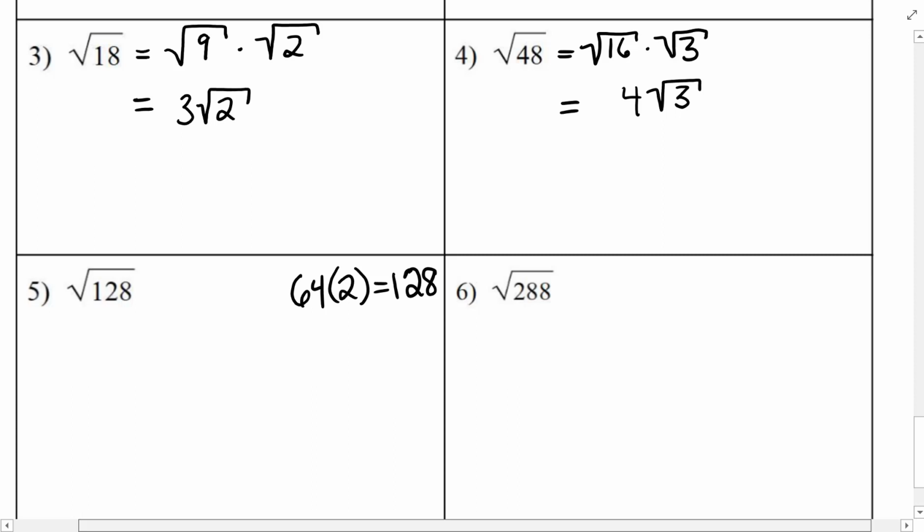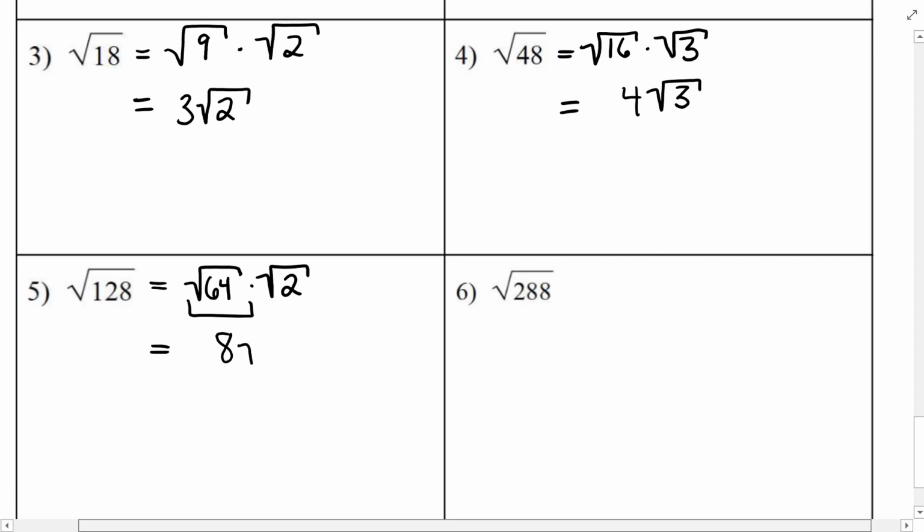I will rewrite radical 128 as radical 64 times radical 2 because 64 times 2 is 128. Now we will simplify. What is the square root of 64? That is 8. And then we drop the radical that cannot be simplified further.